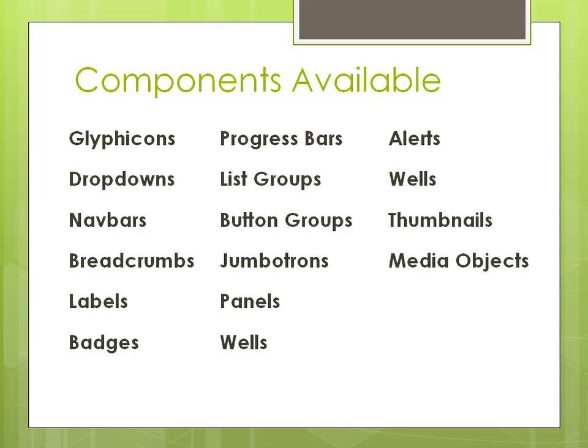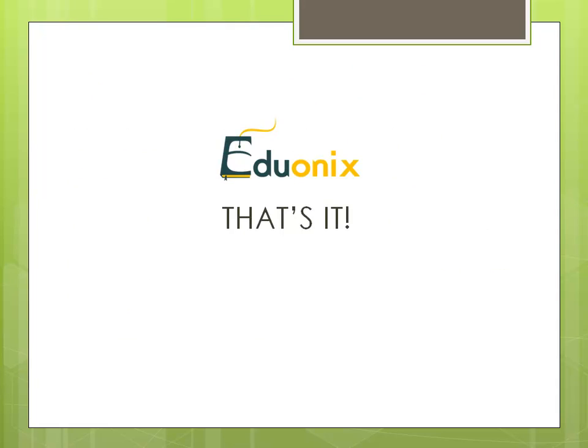There's progress bars, groups of lists and buttons, jumbotrons, which is like a showcase area, panels and wells give a little texture to our content, alerts, wells again, I wrote that twice, and thumbnails and media objects. And don't worry if you don't know what some of these things are, because we're going to go over that in a bit. So that's it.